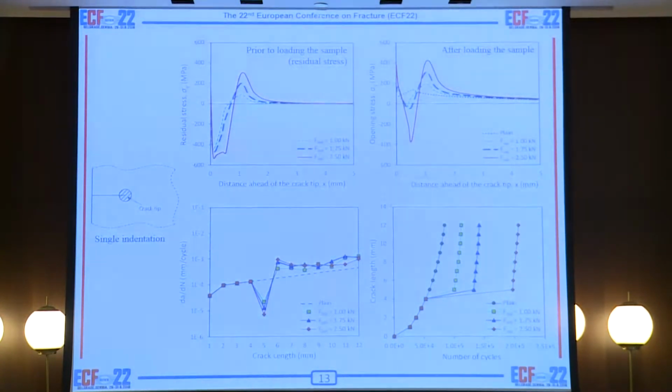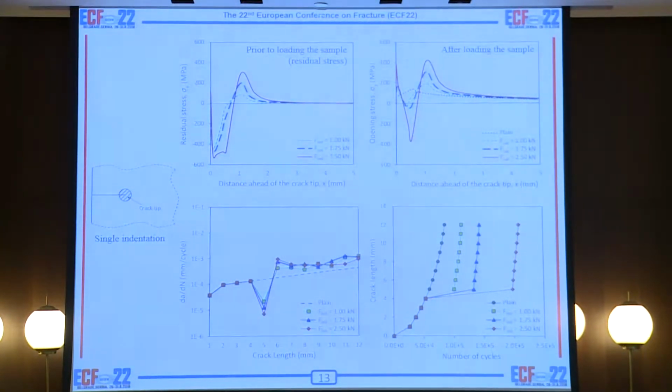1.75 and 2.5 kilonewton. It is obvious that by increasing the indentation load, the compressive residual stress at the crack tip will be larger. And that results in higher crack growth rate reduction, and consequently it will increase the fatigue life of the component.